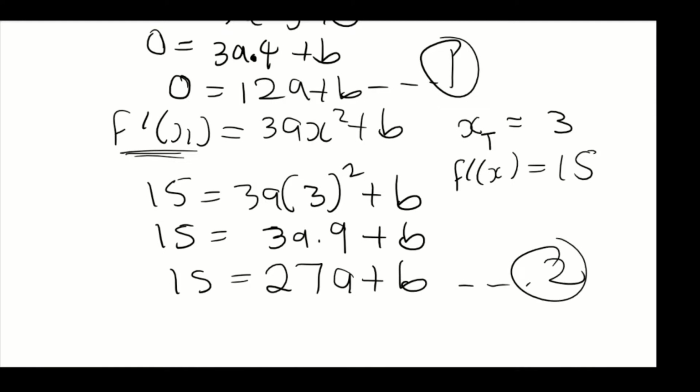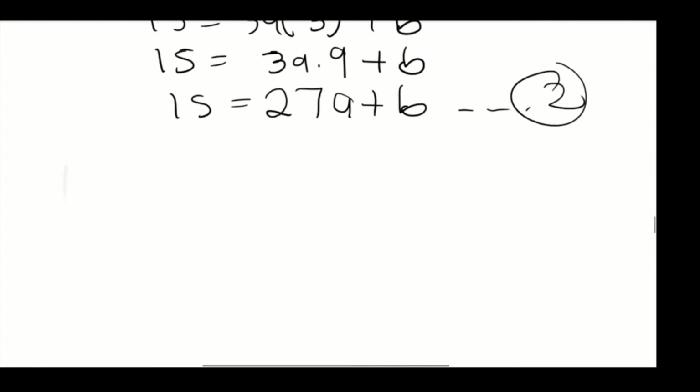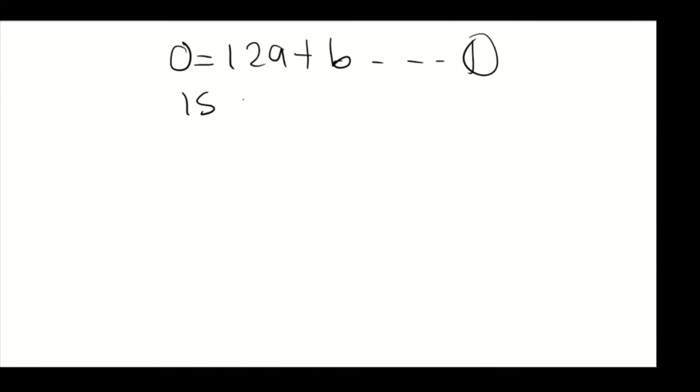So now you have equation 1 and equation 2, and you want to find the values of a and b. So you can use simultaneous equations to find the solutions here. Your first equation is 0 equals 12a plus b, and your second equation is 15 equals 27a plus b.